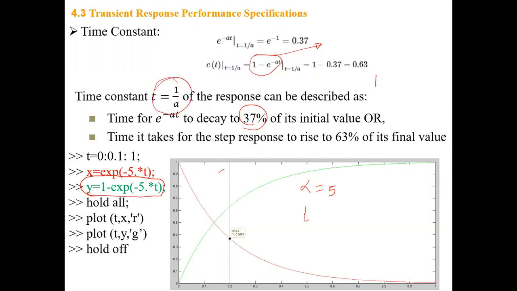If alpha is 1 over tau, then tau equals 1 over 5. What is 1 over 5? 0.2. I got the time constant exactly 0.2. This graph also verifies that my time constant is 0.2.